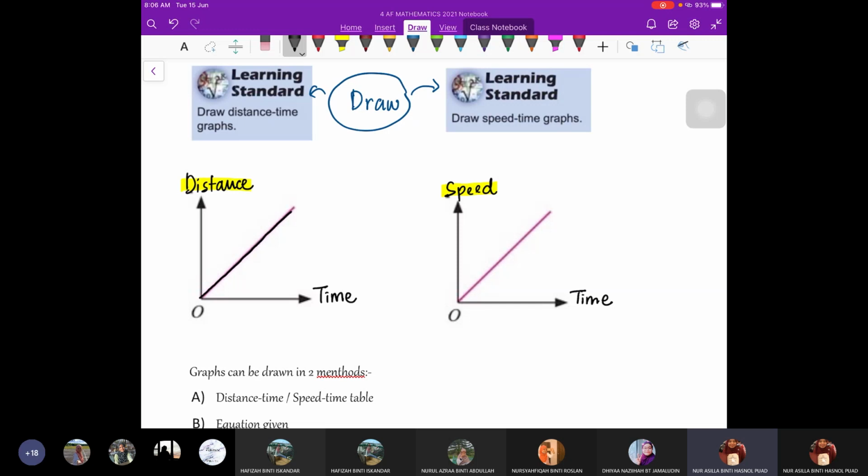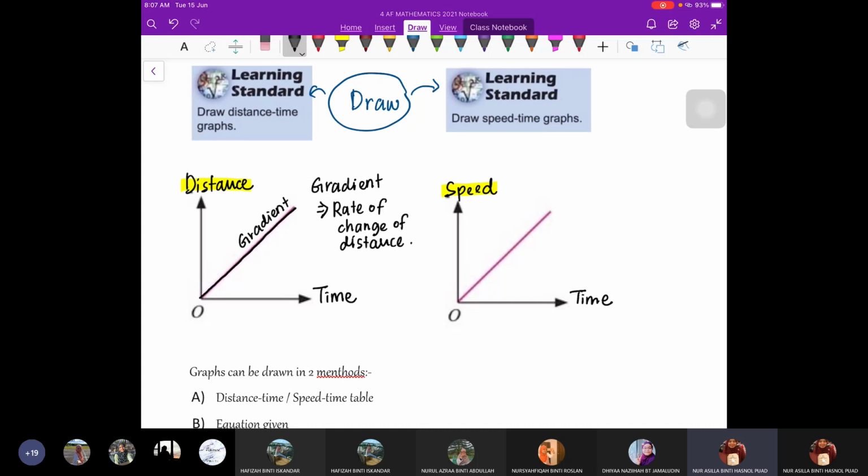Kat sini kita akan ada gradient. Okay, so gradient for a distance time graph, kata nama lain dia adalah rate of change of distance. Okay, so if you turn to your textbook, this is mentioned in page 184.